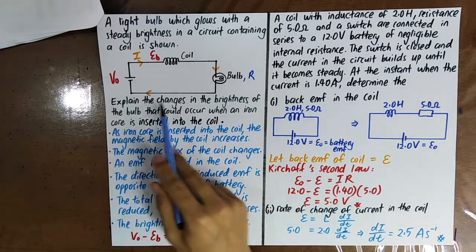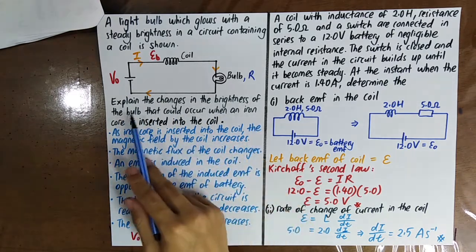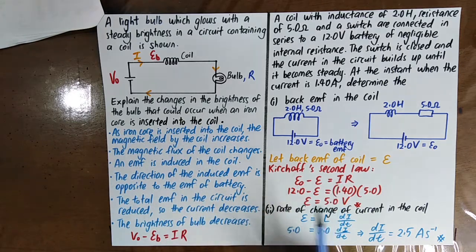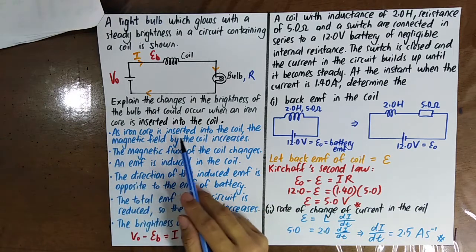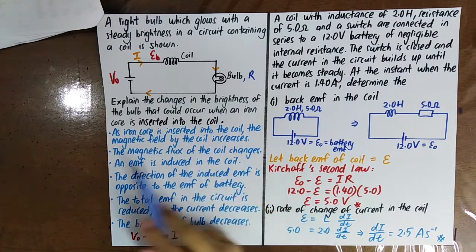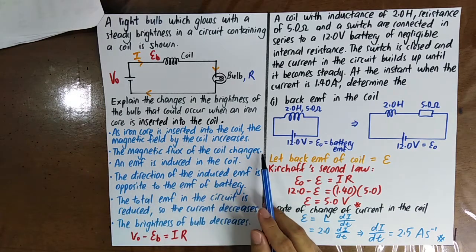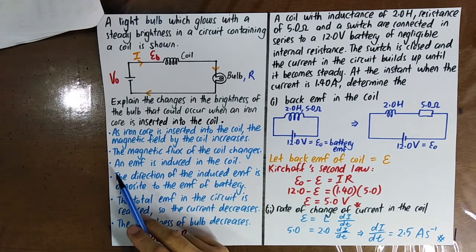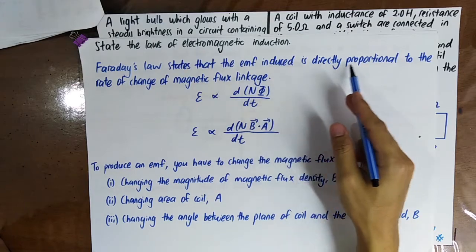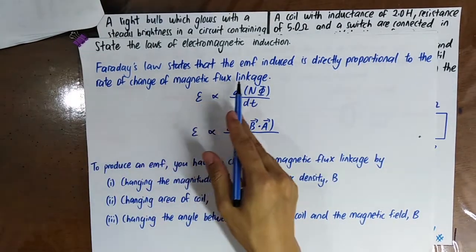Explain the changes in the brightness of the bulb that could occur when an iron core is inserted into the coil. As iron core is inserted into the coil, the magnetic field by the coil increases, so the magnetic flux of the coil changes. From Faraday's law, the EMF induced is directly proportional to the rate of change of magnetic flux linkage.